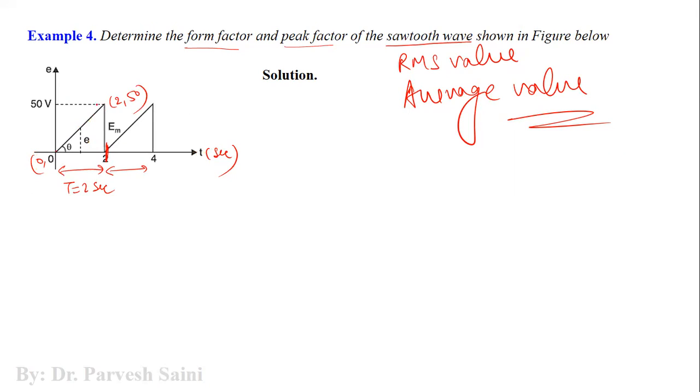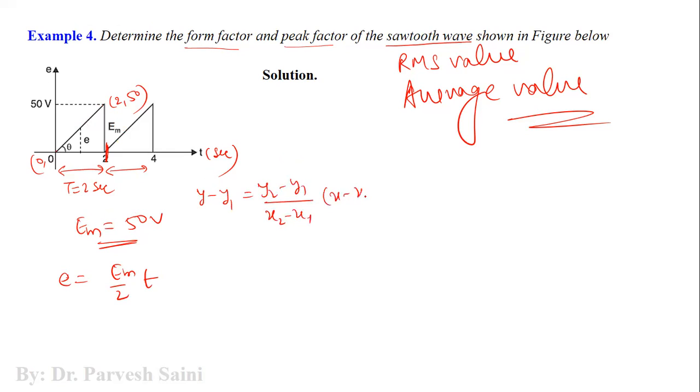Okay, so Em is the maximum value, which is equal to 50 volt. Okay, so we can find out its equation, which is E is equal to Em by 2 into t. If you use the same concept of y minus y1 is equal to y2 minus y1 divided by x2 minus x1 into x minus x1 here.